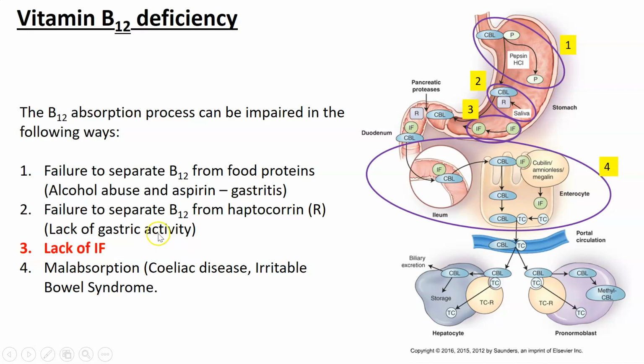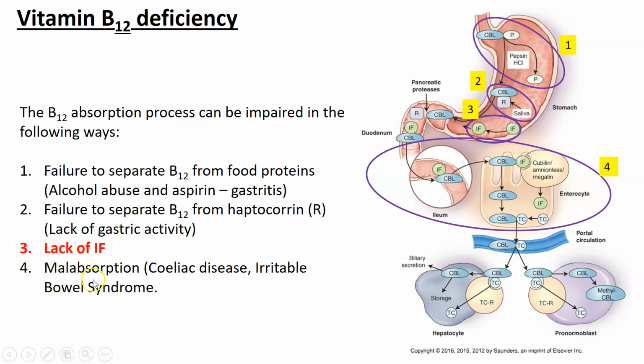And then another thing is intrinsic factor, this very important protein molecule that's needed to bind to vitamin B12 in order for it to be absorbed in the intestines. If you don't produce enough intrinsic factor, you can't absorb vitamin B12.